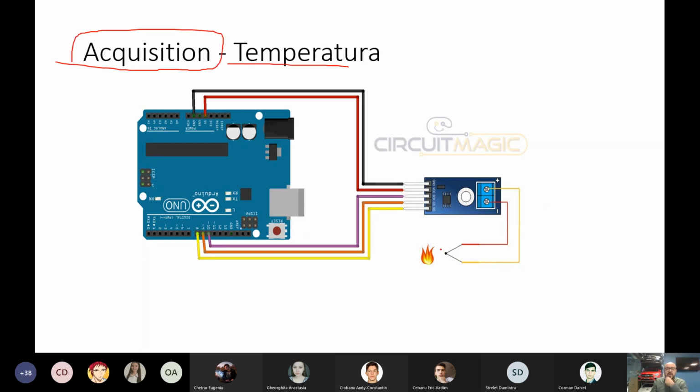The easiest way to measure temperature is a thermocouple, which we can build from two wires of different metals, not soldering them, but welding them.